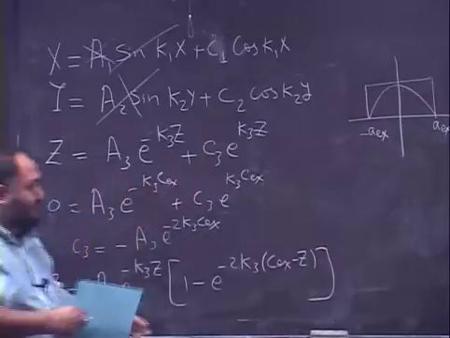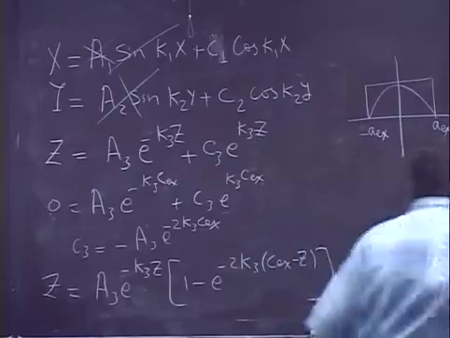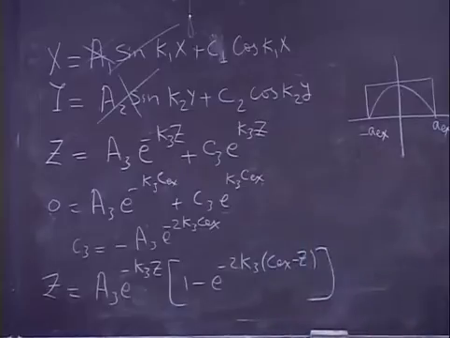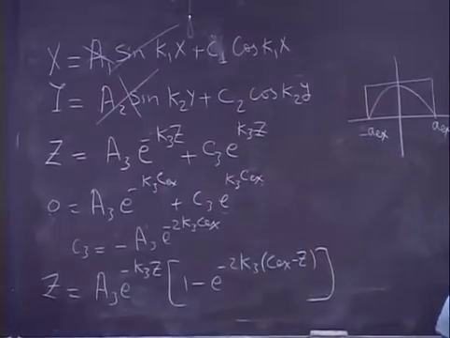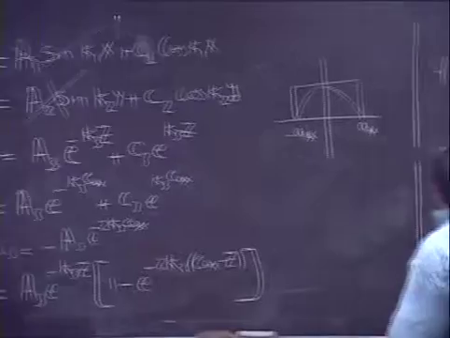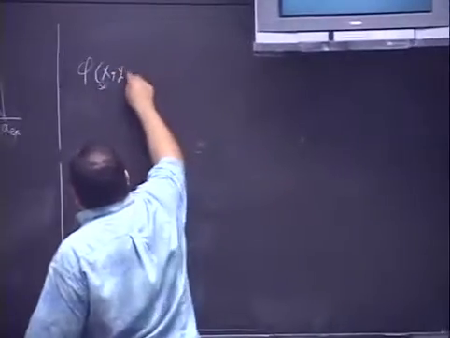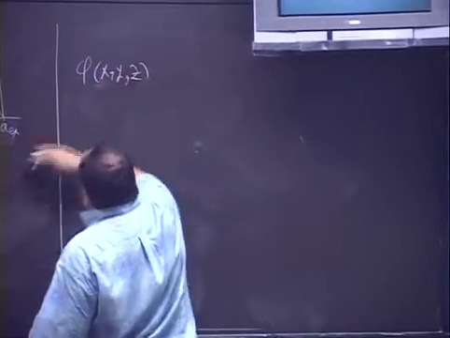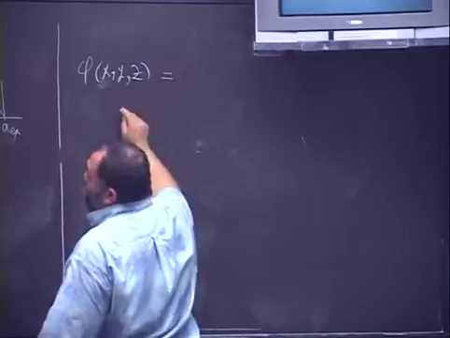That's it. Now, if you look at the solution, phi of x, y, and z is just the multiplication of those three functions. So what's the first function?